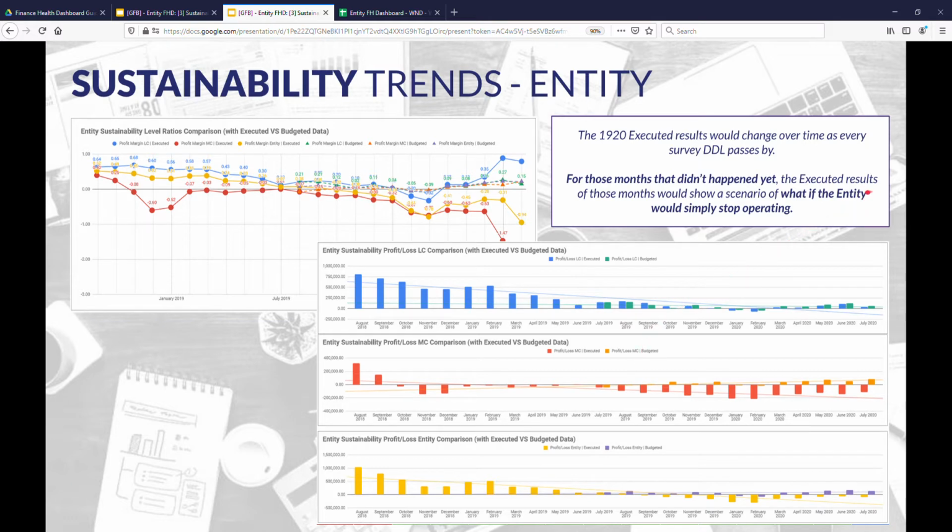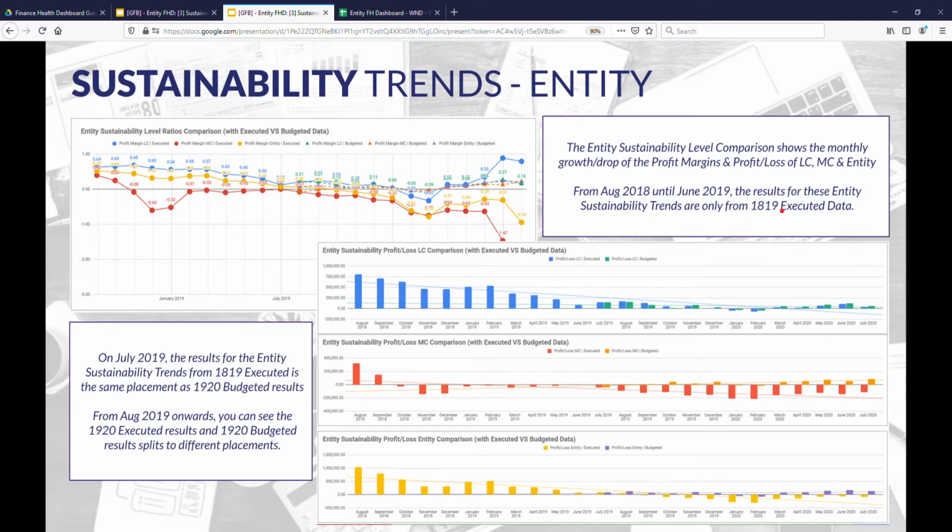Before moving forward, as you can see, the entity sustainability level comparison shows the monthly growth graph of profit margins and losses. But in terms of the graphs, there's actually three types of graphs instead of the two, because this one is comparing LC, MC, and entity already.